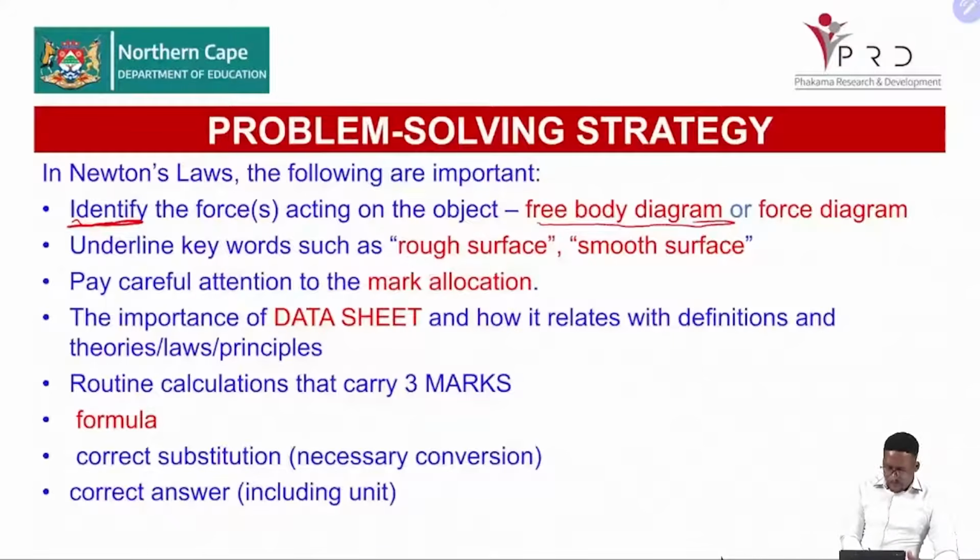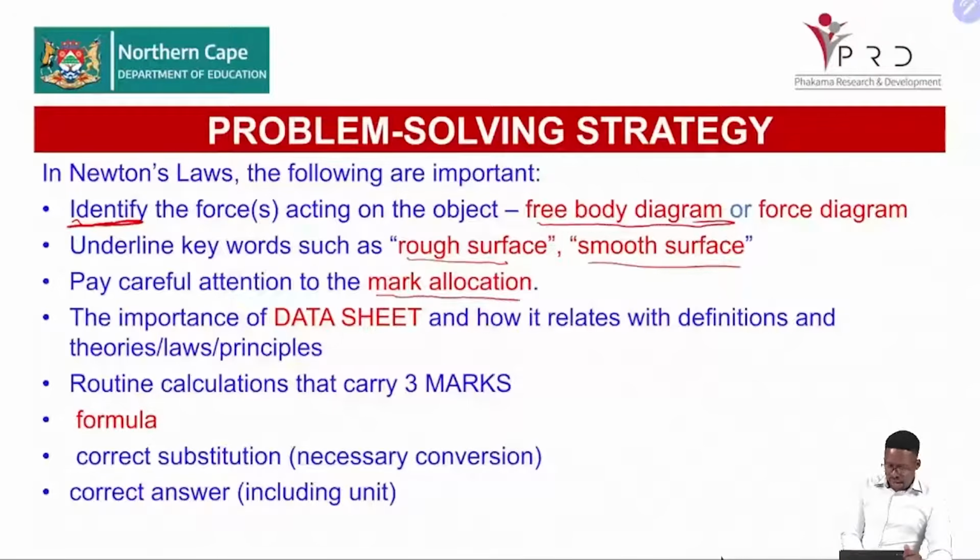And also be mindful of these terms: rough surface, smooth surface. What does rough mean? What does smooth mean? When you talk about rough, a grade 12 learner must know that it means we have the presence of frictional force. If it is smooth, then it means we have ignored frictional force, or frictional force is at its minimum level.